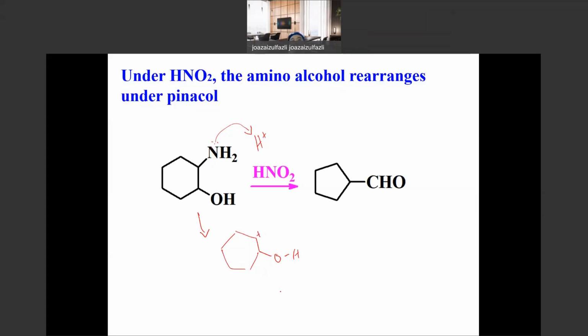In this case you form this product. Why is it a 5-membered ring? Because you break this bond attached to this carbon, that's why you get this 5-membered ring.